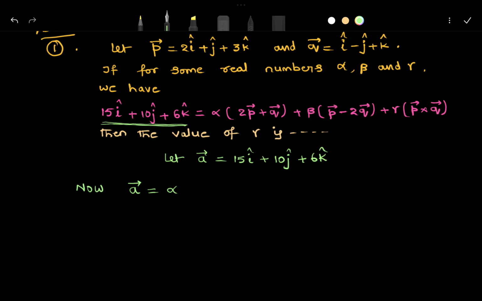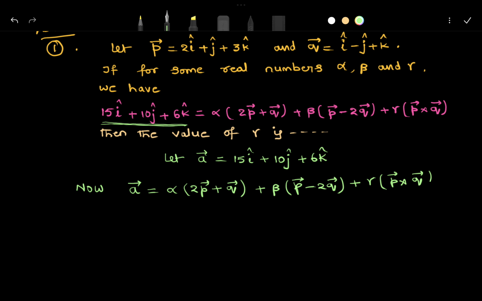Now this becomes A bar is equal to alpha into (2 P bar plus Q bar) plus beta into (P bar minus 2 Q bar) plus gamma into (P bar cross Q bar).